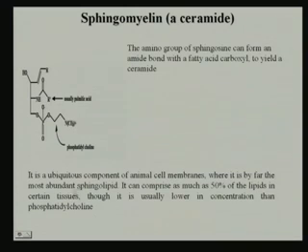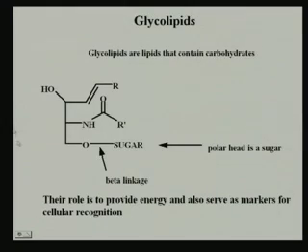It is a ubiquitous component in the animal cell membrane, where it is by far the most abundant sphingolipid. It can comprise as much as 50% of the lipid in the tissue, though it is usually found in lower concentration than the phosphatidylcholine which is present in the cell.